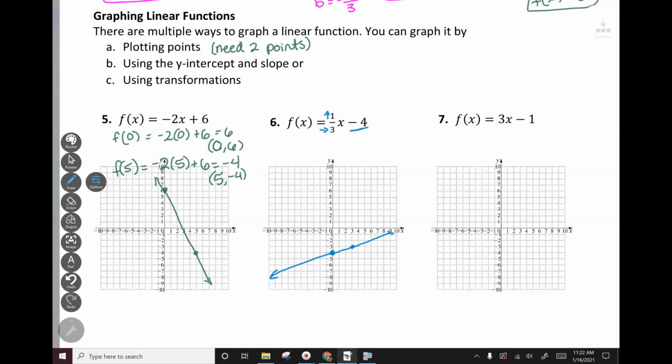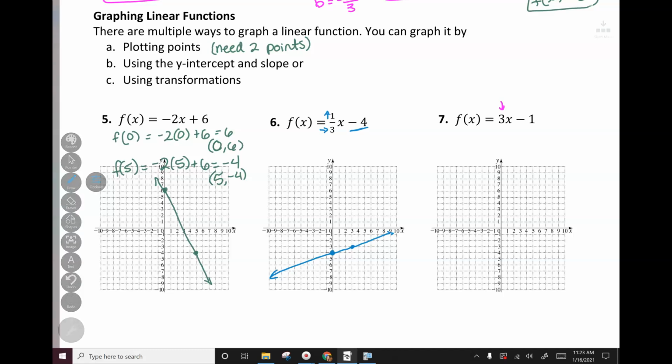All right, and then option number 3, you can use transformations. This is interesting. You probably didn't think about applying this to linear functions when we were talking about transformations. But this number here is outside of the function, and actually there really is no function to be inside of here.